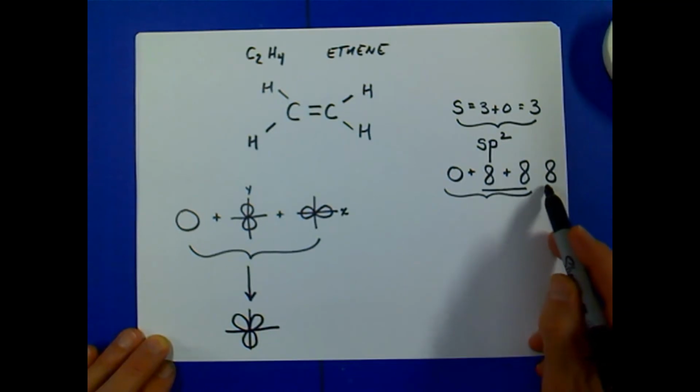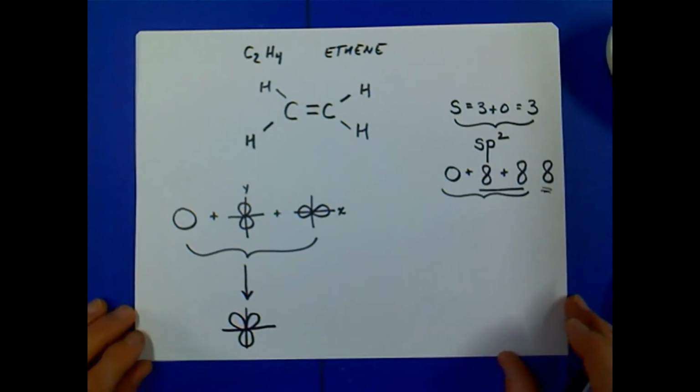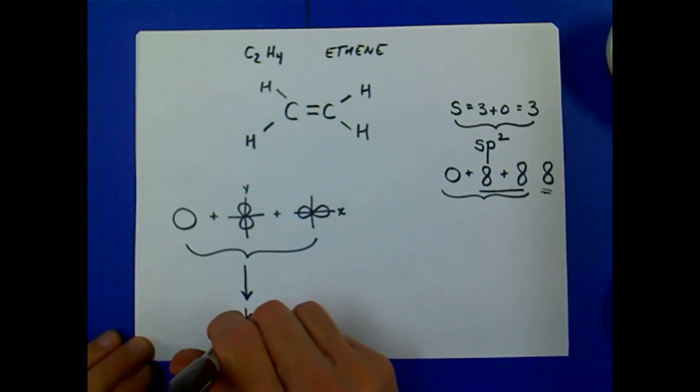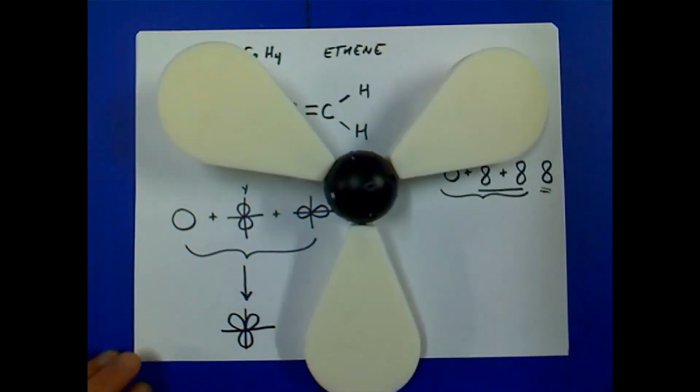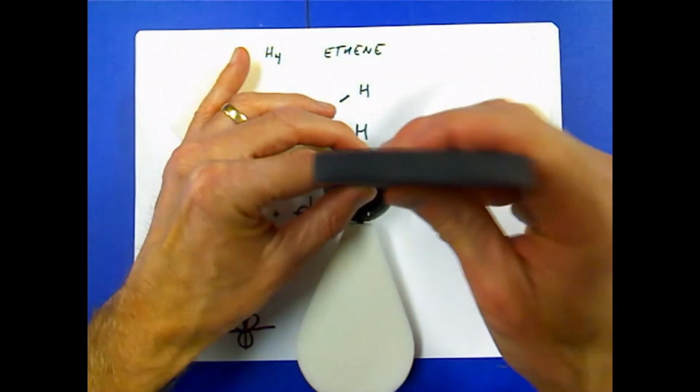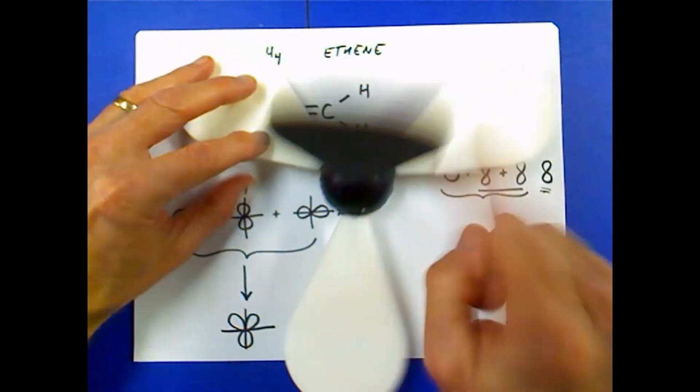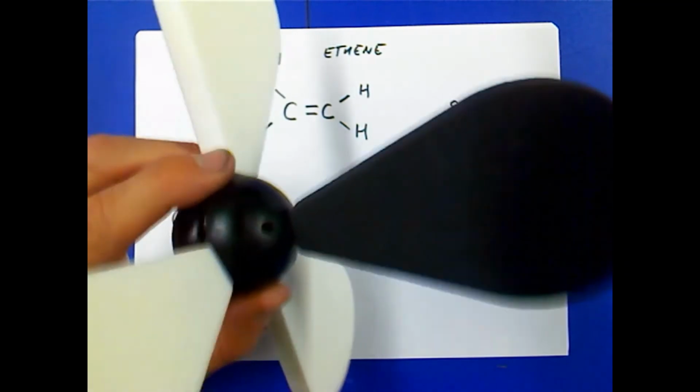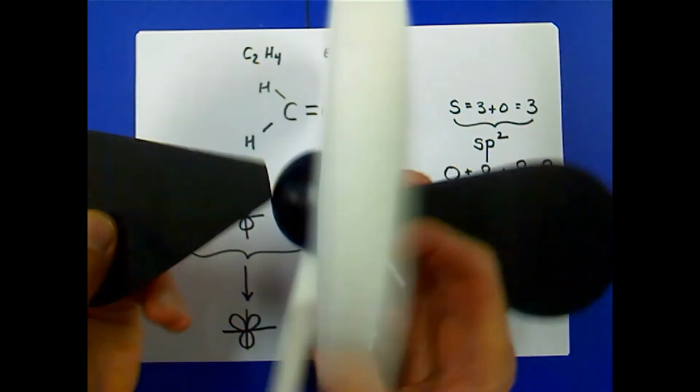Now, this third p orbital sticks up and down out of the plane. We can imagine that like this, sticking up this way. If we add the unhybridized p orbital, it will be colored in black. Of course, the other side of that unhybridized p orbital would be sticking this way.